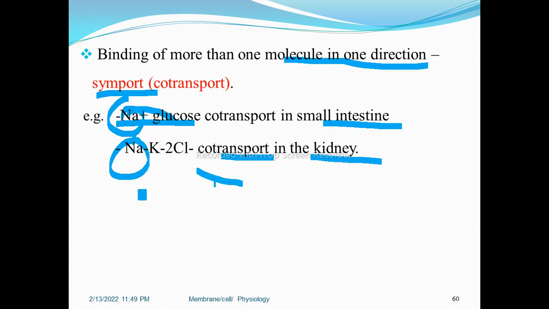This type of transport can be named co-transport or symport. All co-transports have sodium as one of the transported solutes, except in yeast.